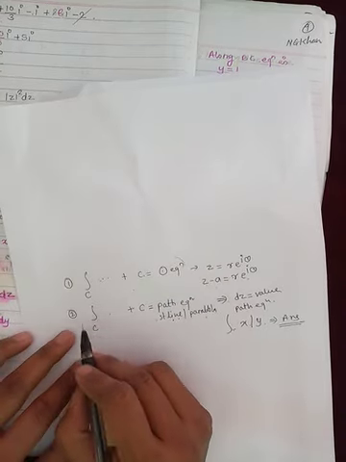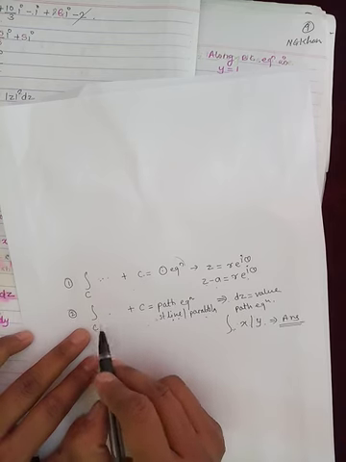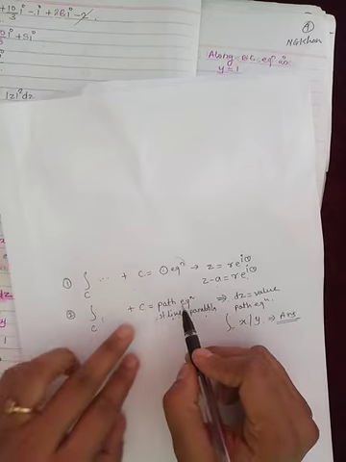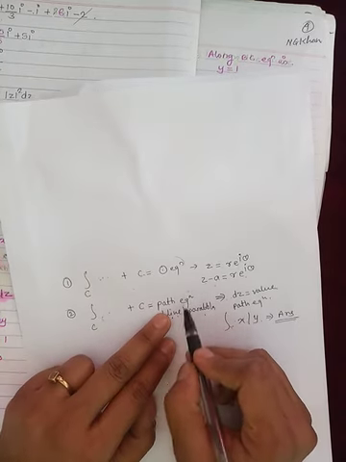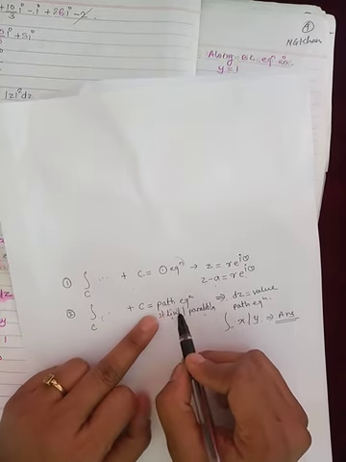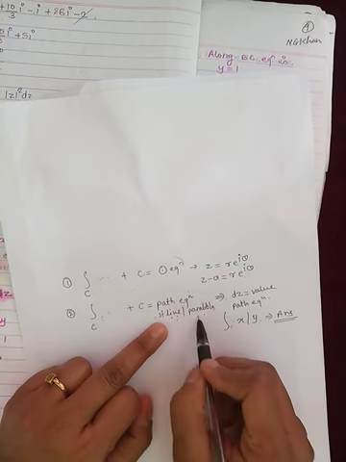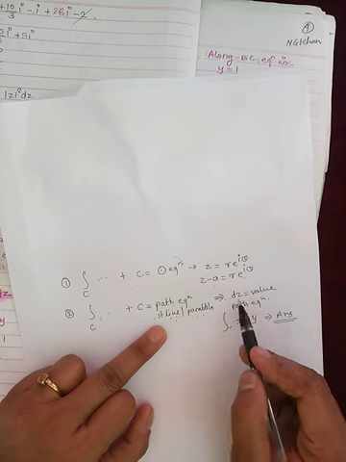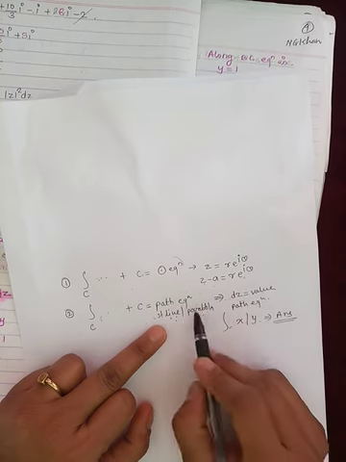Then the second type: the integration function is given, plus the curve is a path equation, given as a straight line or parabola. Then the method of solving is to find the dz value using that path equation.